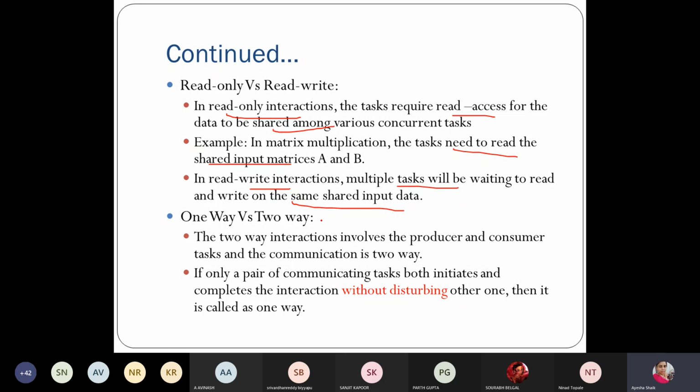Another characteristic is one-way or two-way. A two-way interaction involves both producer and consumer tasks, and the communication is two-way. If only one of a pair of communicating tasks initiates and completes the interaction without disturbing the other one, then it is called one-way.